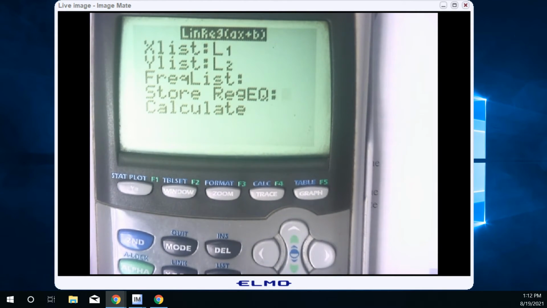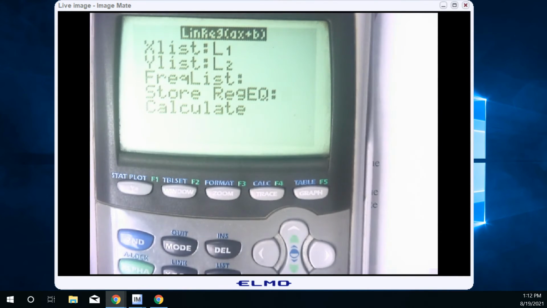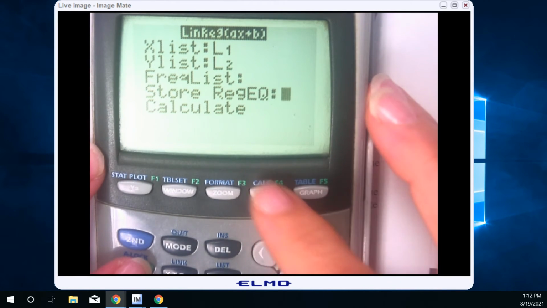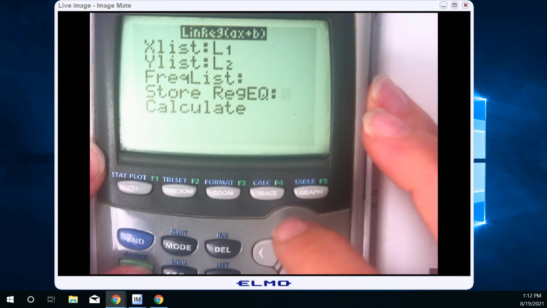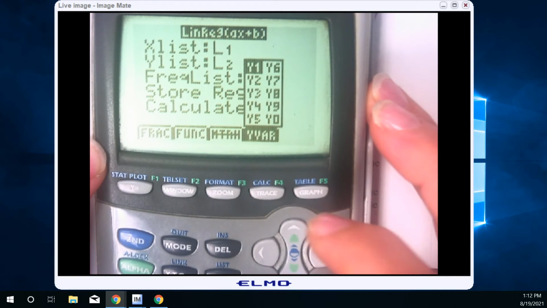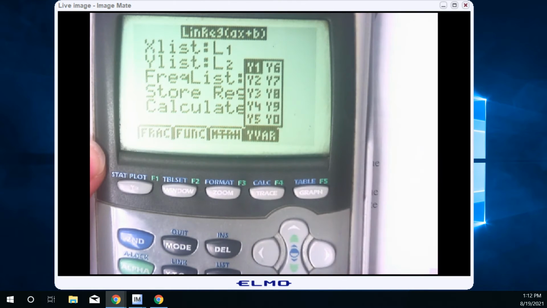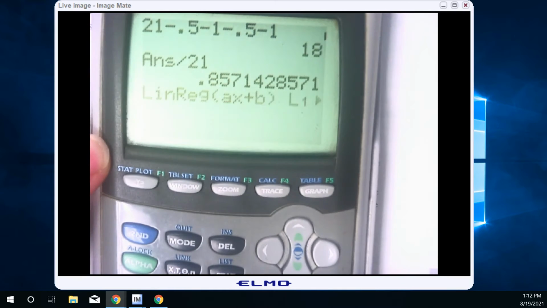Store regression equation. I need the calculator to put my line of best fit in Y1. How do I get Y1? I think it is underneath the calc button, the green calc button. And then Y1 is selected. And now I'm going to calculate.